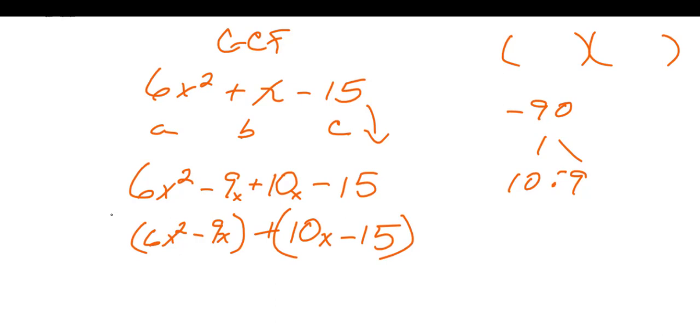So now we're going to pull out a greatest common factor from each binomial. So notice we have a 6 and a 9. The greatest common factor here is going to be a 3. Actually, this is an x squared and that's an x, so I can pull out a 3x.